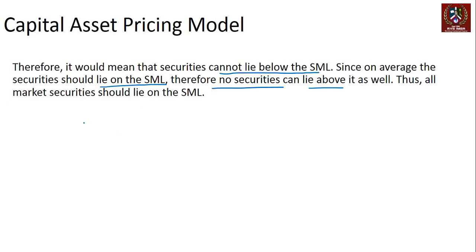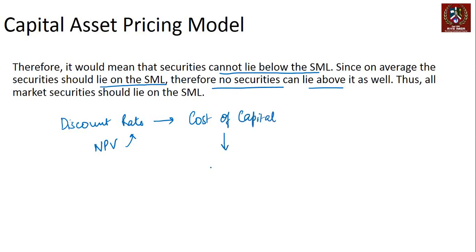It's an important concept because whenever we are going to use a discount rate, recall our discussion on NPV, right? To find NPV, we need a discount rate, which is nothing but the cost of capital, right? Cost of capital is the expected return that you would want on a project, right?